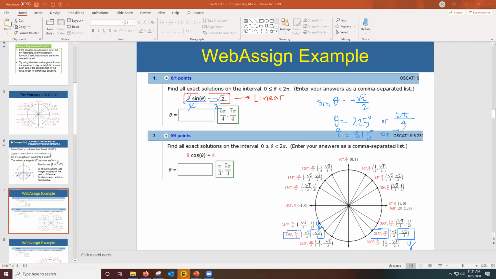So 2 answers to this question. Can I do a full rotation around the unit circle to get another answer? No, I can't, because they said your answers have to be on this interval between 0 and 2 pi. That really means restrict your answers to just one rotation around the unit circle.